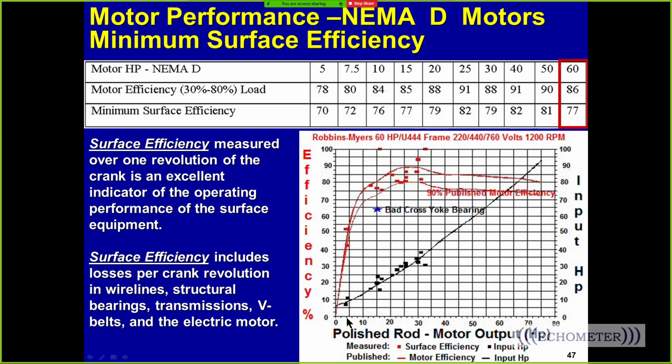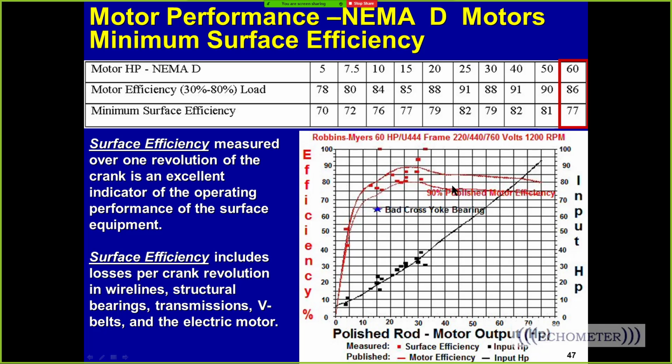So we went out and measured a bunch of 60 horsepower motors, the polished rod horsepower and the input horsepower, and we calculated the ratio between the polished rod horsepower divided by the input horsepower, and we found that all of those wells had a surface efficiency within 10% of the motor performance curve.